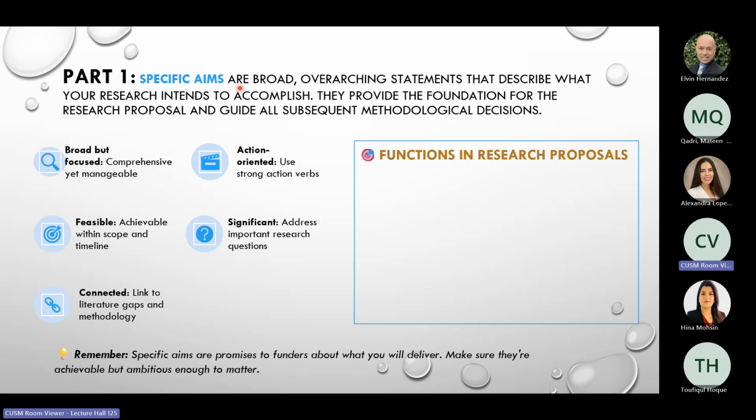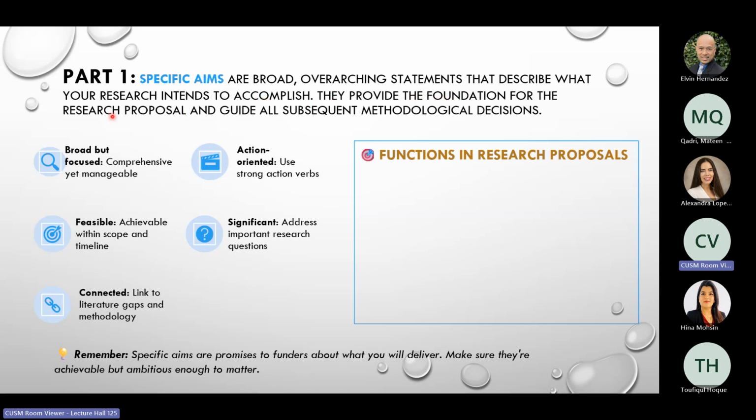What the specific aim really is, is a broad, overarching statement that describes what your research intends to accomplish. So really, this is the goal of your research project. This statement or set of statements represented by your specific aims are really the goals of your research project. What do you intend to accomplish?